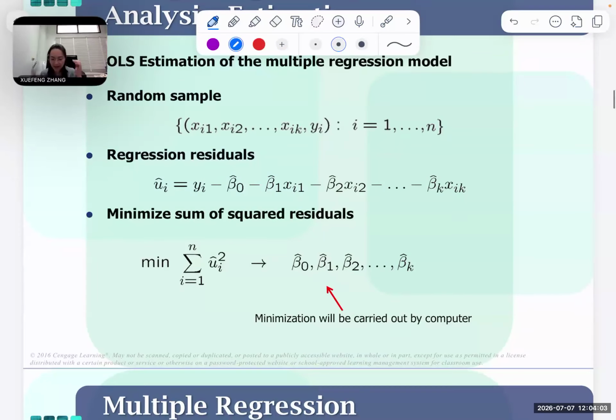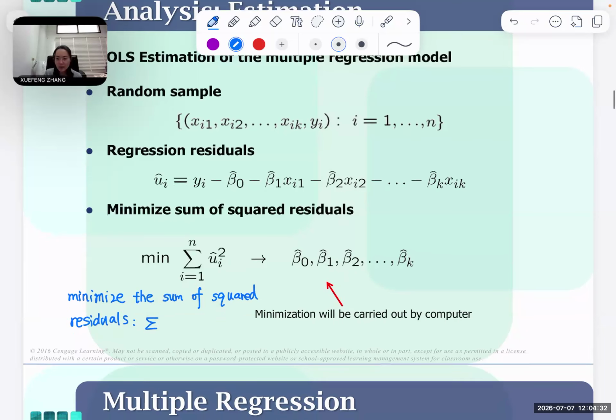Let me write it down. Minimize the sum of squared residuals, which is our summation symbol here, summation of mu i hat squared.